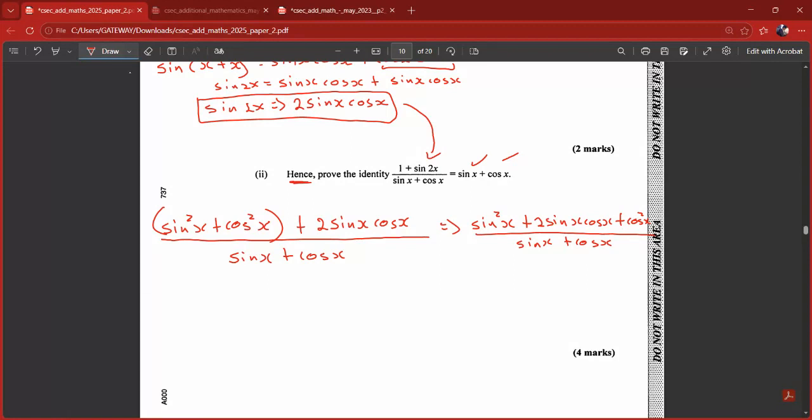Now you have to visualize this and look at this. You have one term squared, sine squared x, another term squared, cosine squared x, and then you have 2 times the product of those two terms.